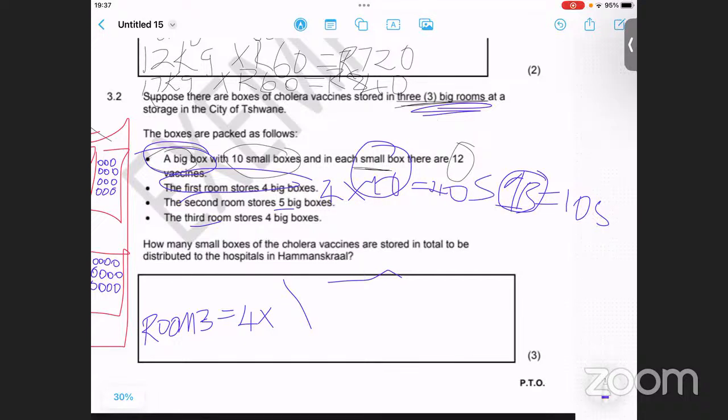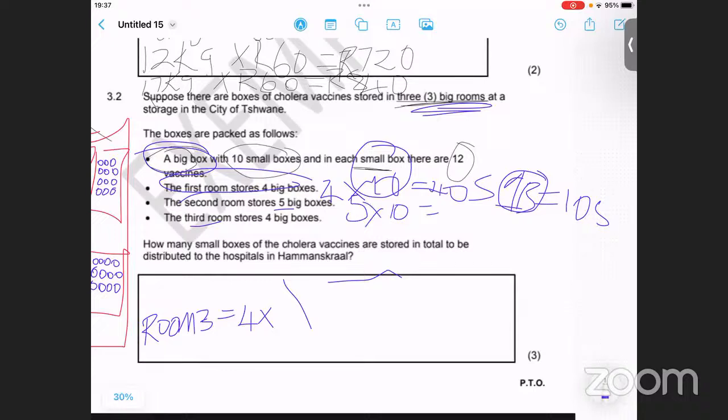And then if we go to the second room, they say the second room has 5 boxes. And if it has 5 boxes, that means each and every big box has 10 small boxes.